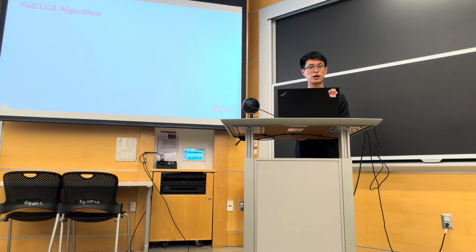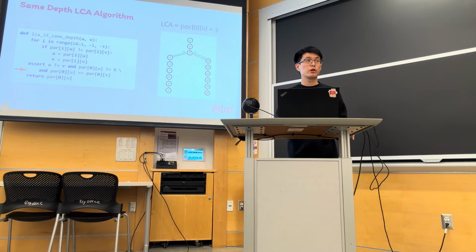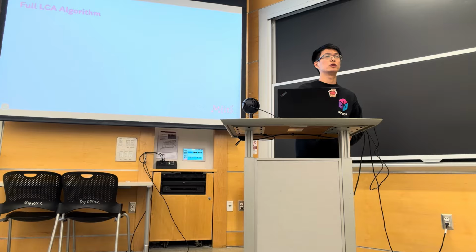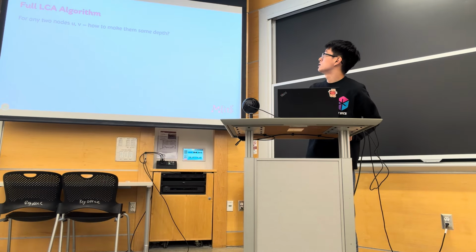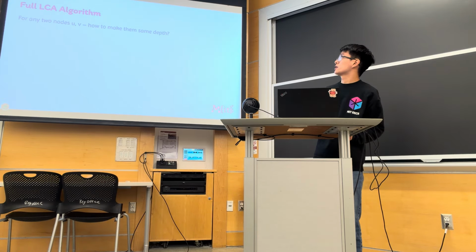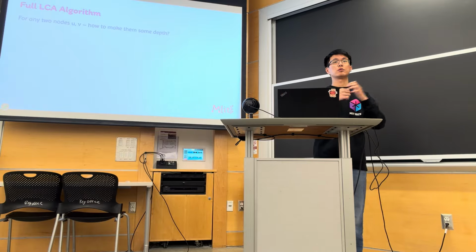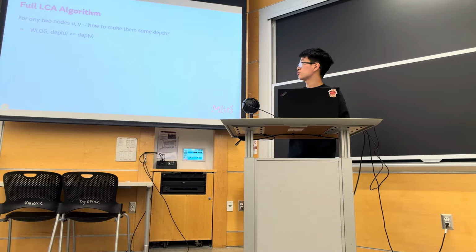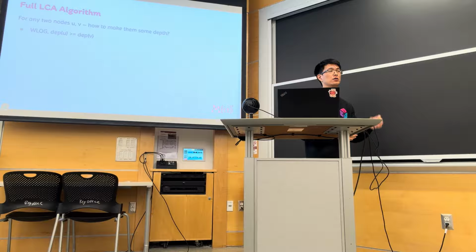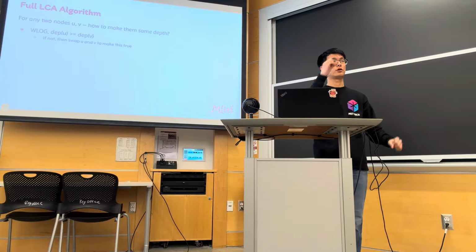And how we can arrive from this same depth LCA algorithm to our full LCA algorithm is pretty simple, actually. For any 2 nodes, we want to make them the same depth. So without loss of generality, we can assume that the depth of u is more than depth of v. So like u is down here, v is up here. If this were not true, we can just swap them.